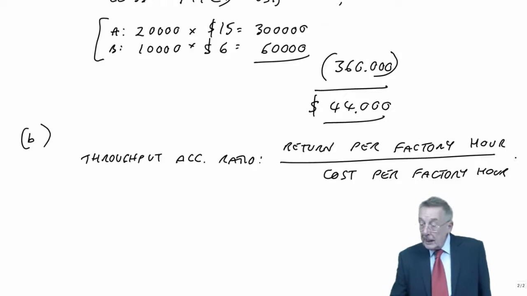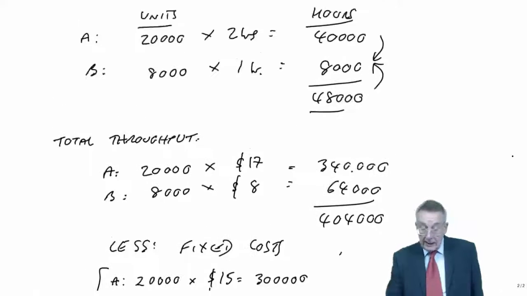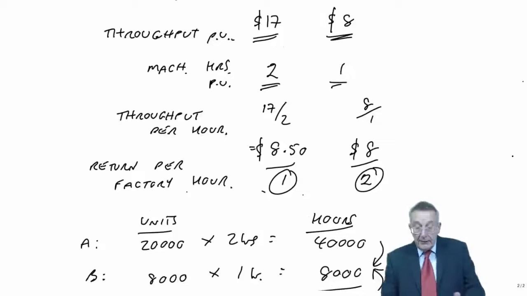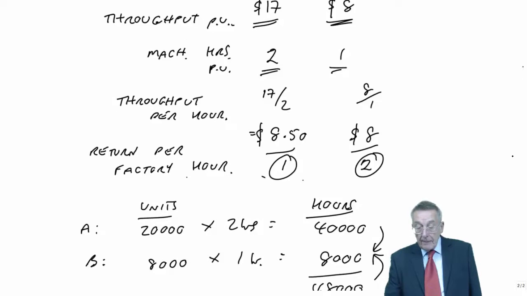Now we know what return per factory hour is. It's the throughput per hour, which we'd worked out earlier, $8.50 and $8.